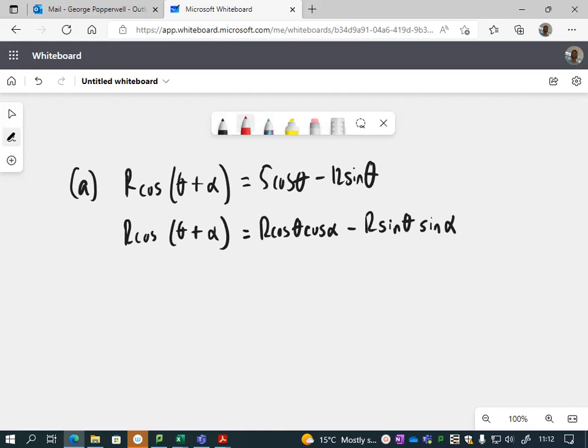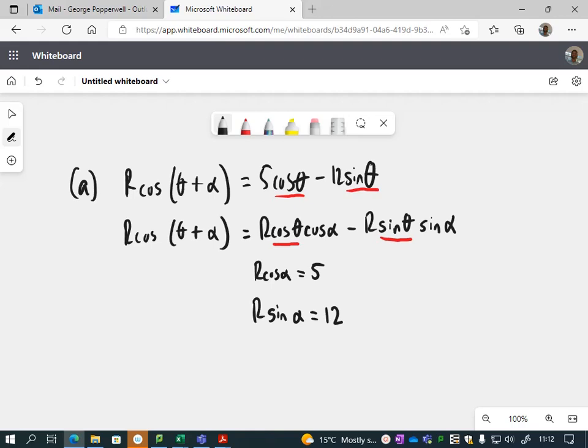I can see cos theta and cos theta, so this term must be my cos theta term, which means r cos alpha is going to have to be equal to 5. I'm following the same logic over here. I've got sine theta here, so I know that r sine alpha must be equal to 12.